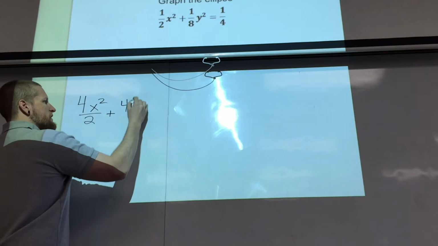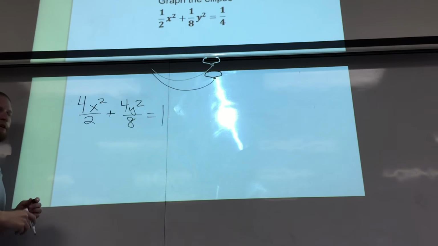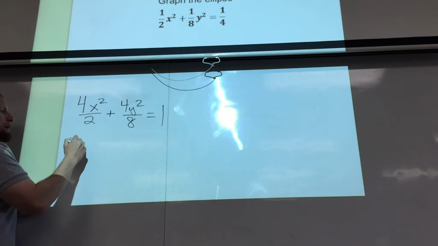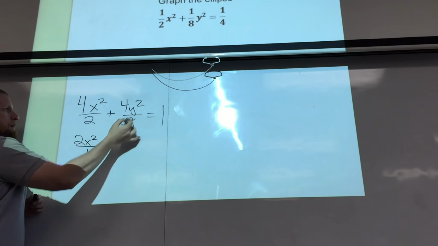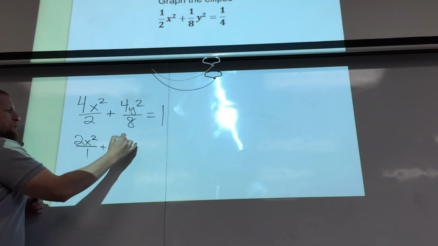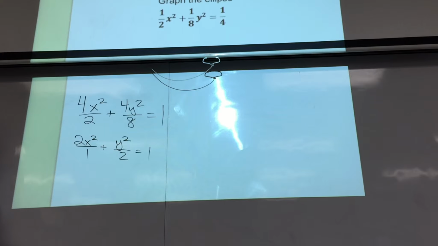This would become 4y squared over 8. That'd be a good first step. Then I would go about reducing them. Like 4 over 2 is 2, and 4 over 8 is 1/2.